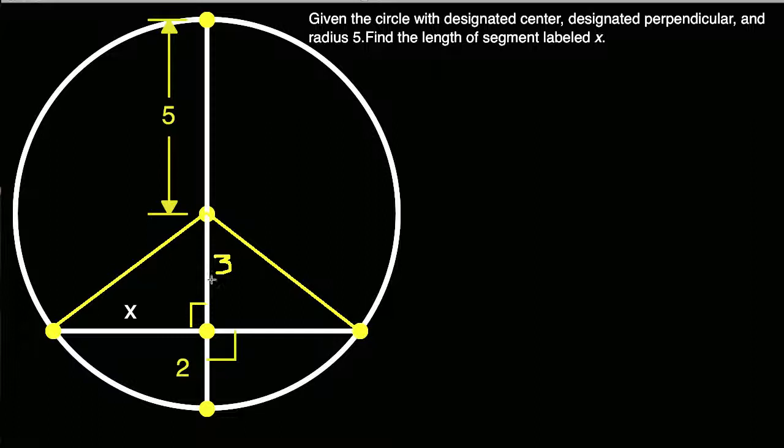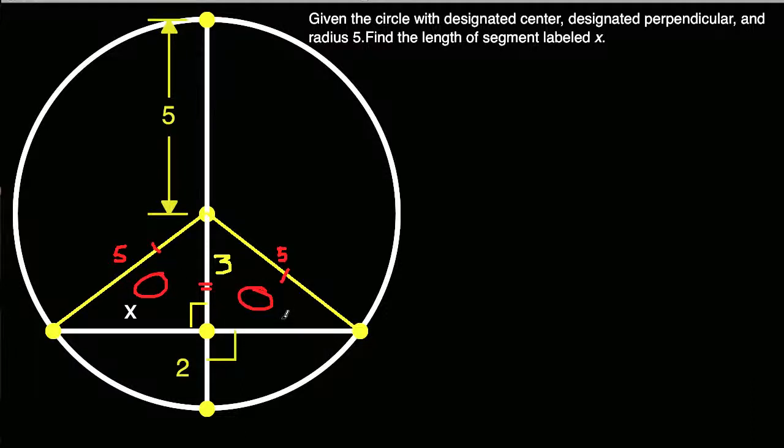So we have a right triangle, and we know that the length of this line is 5, and the length of this line here is 5. So here are our two congruent sides, 5 and 5. Here's a common side. So that says that this triangle here and this triangle here are congruent triangles.